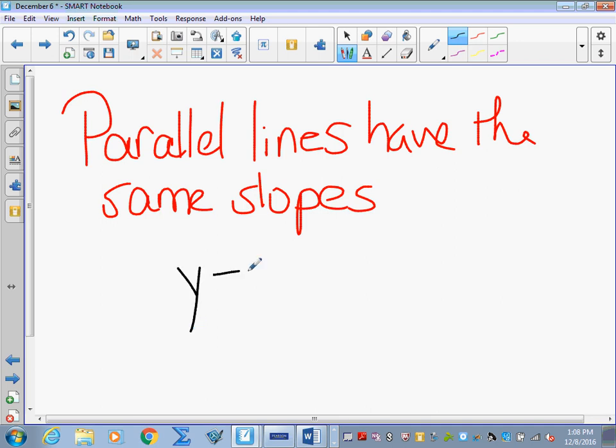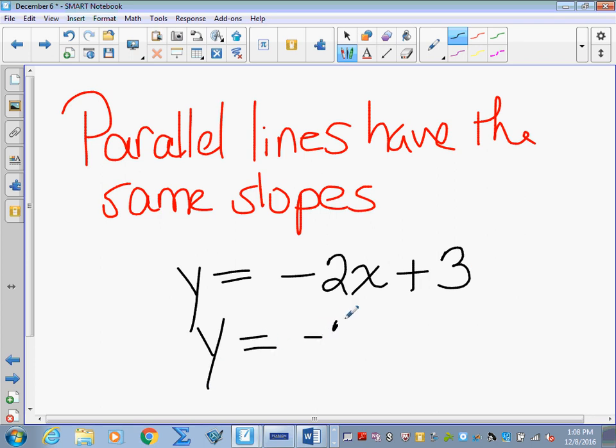If I say negative 2x plus 3, would that be parallel to negative 2x plus 4? You would say yes, because the slopes are the same.